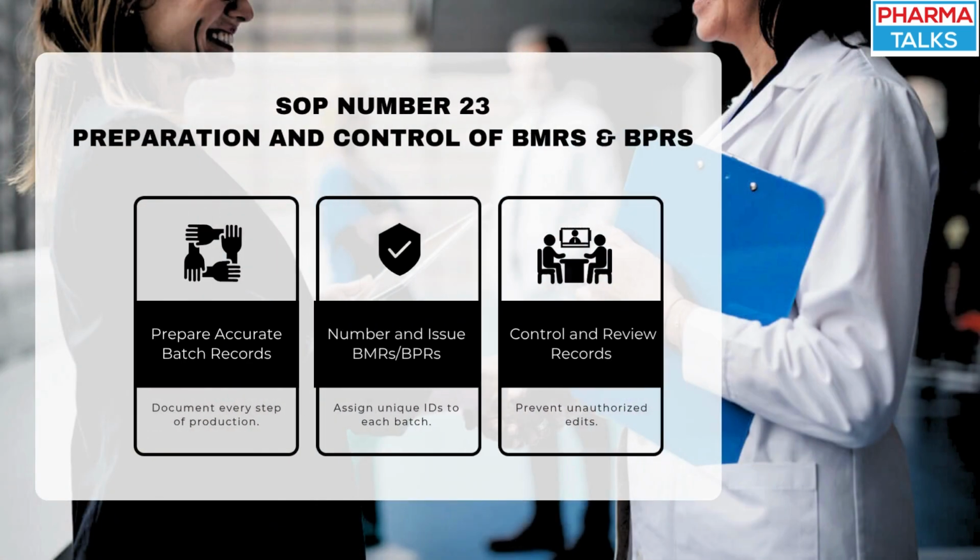SOP number 23 outlines the procedure for preparing, numbering, issuing, and controlling batch manufacturing records, BMRs, and batch packaging records, BPRs. These records are critical for documenting the entire manufacturing and packaging process for each batch, ensuring traceability and compliance with regulations. The SOP defines a process for preparing the BMRs and BPRs, ensuring they accurately reflect the manufacturing process.